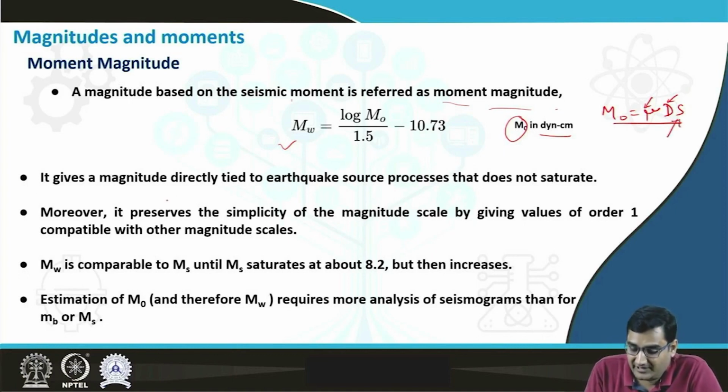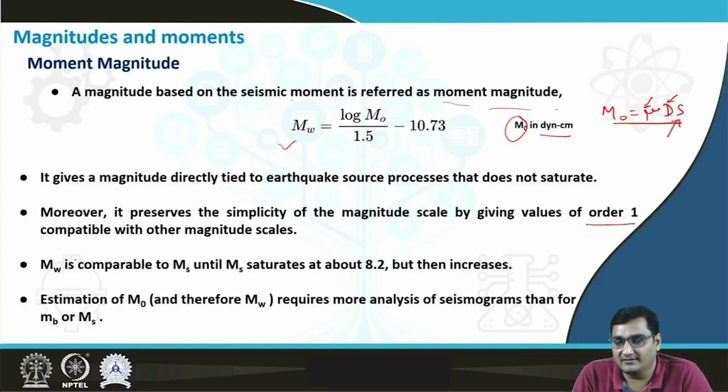So it gives a magnitude directly tied to the earthquake source processes that does not saturate. Moreover, it preserves the simplicity of the magnitude scale by giving values of order 1 compatible with other magnitude scales. MW is comparable to MS until MS saturates at about 8.2, but then MW keeps increasing.